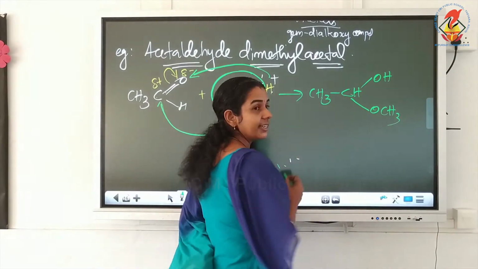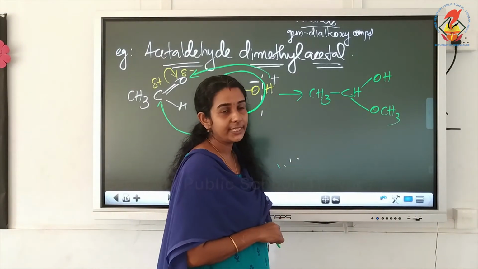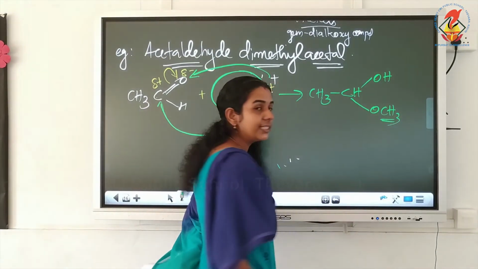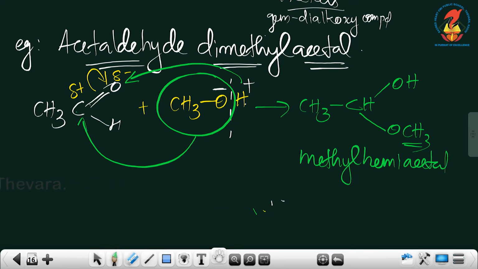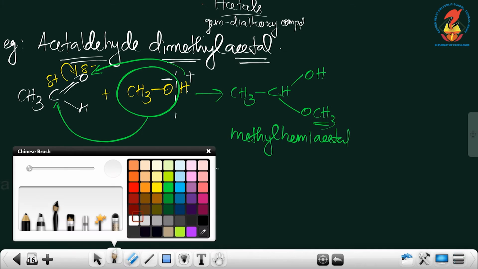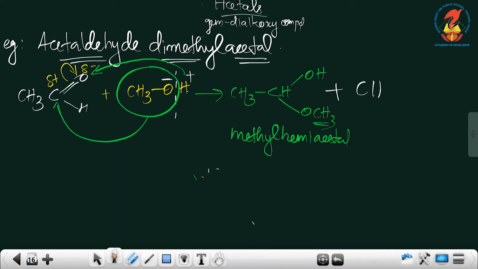Which hemiacetal? Methyl hemiacetal, because here the alkyl group is methyl group. So methyl hemiacetal. But the question is to draw the structure of acetal. So it has to react with one more molecule of methanol.